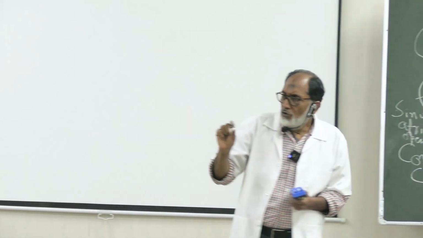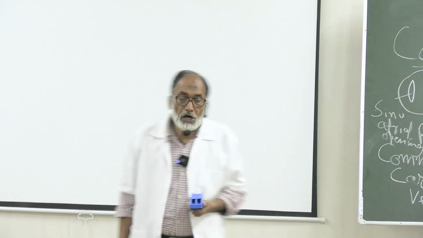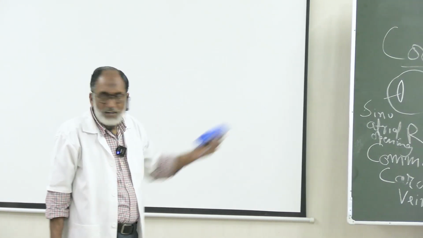Left part of the body along with left horn will form the coronary sinus, and left common cardinal vein will form the oblique vein of left atrium, and rest will disappear. That is the suprahepatic part of the umbilical vein, vitelline vein, etc. Right? Now come to the right side.